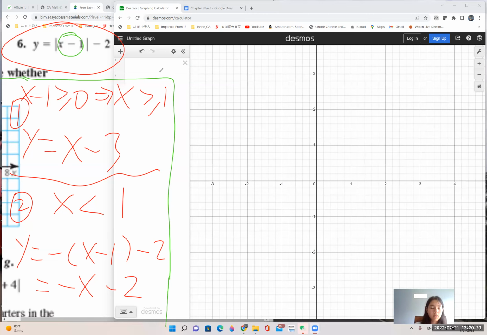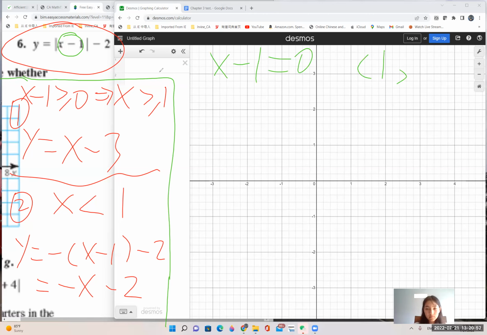Zeros. If y is equal to 0, then x would be 3. This equals 0, x minus 1 equals 0. Then what is x? 1. Yeah, so x is 1.